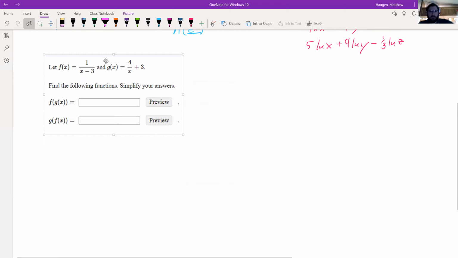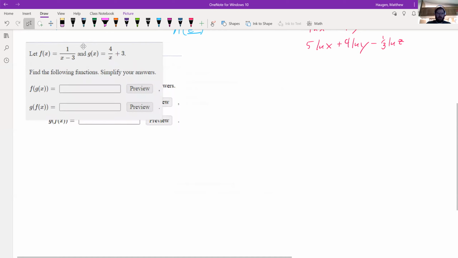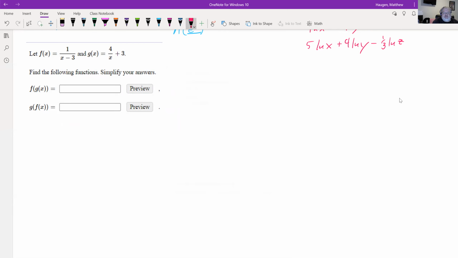So number 3 is probably mostly in the manipulation. Number 3, we're trying to find both of those compositions. So the f of g, we're going to be putting that function g into f, right? Yeah.